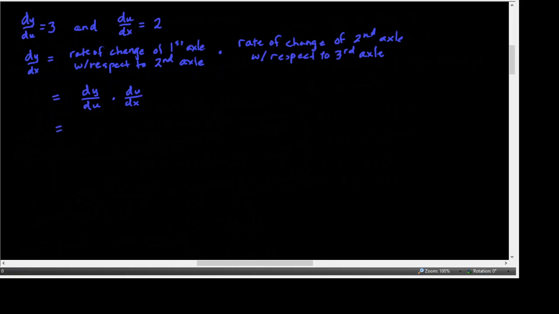And because of the constants we have up above, that's 3 times 2, which is 6, which gives us the rate of change of the first axle with respect to the third axle.